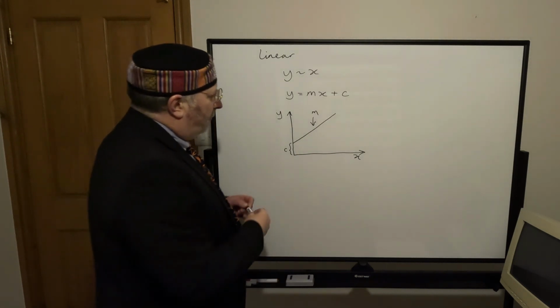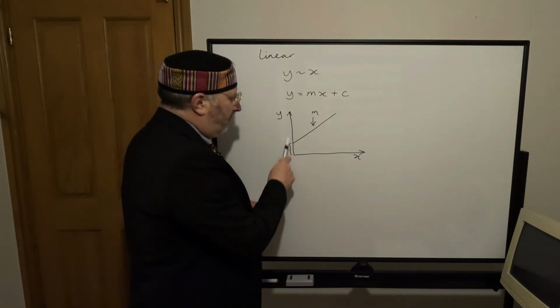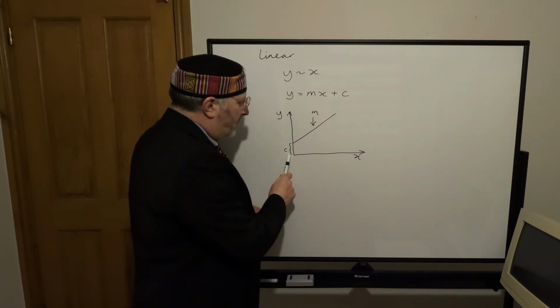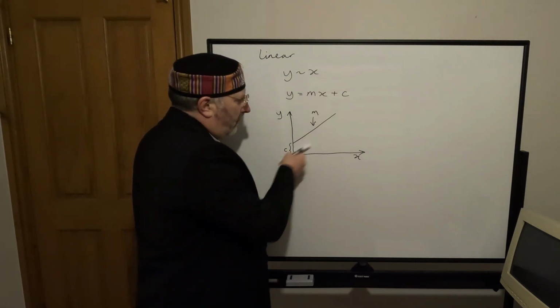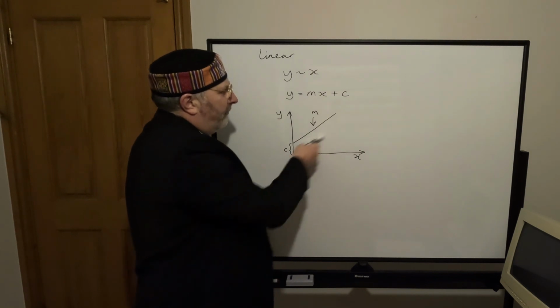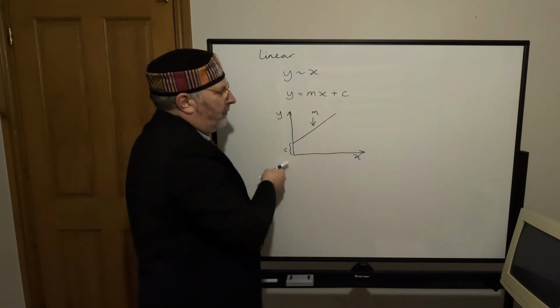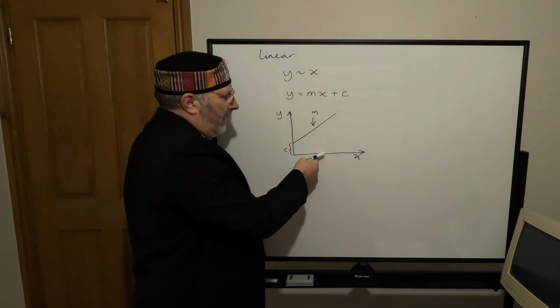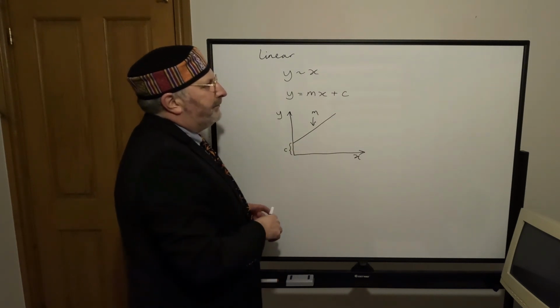And in the special case where c is 0, the straight line will go through the origin. And in that case, y will be strictly proportional to x, so that if we double x, we double y.